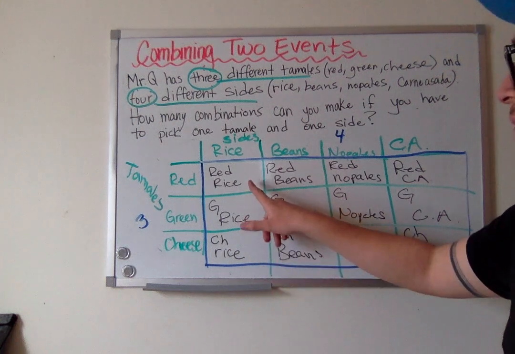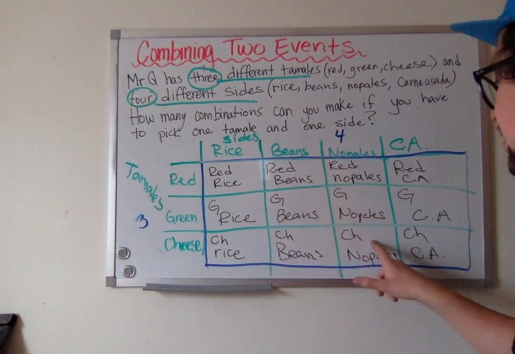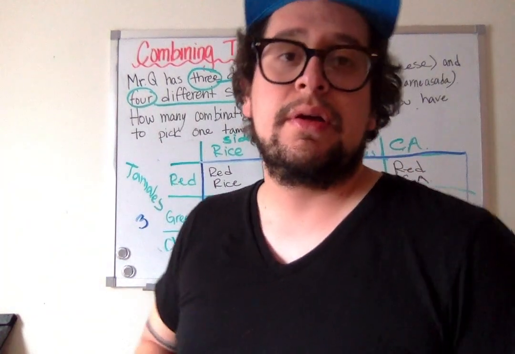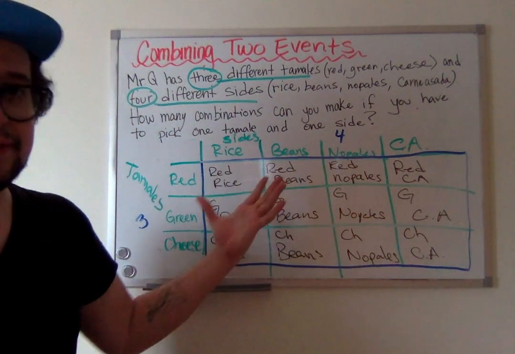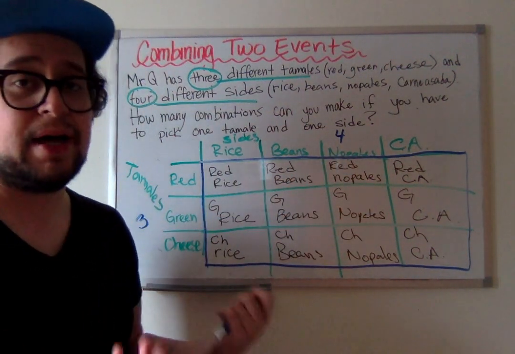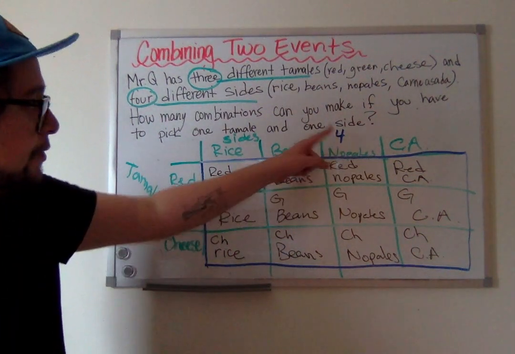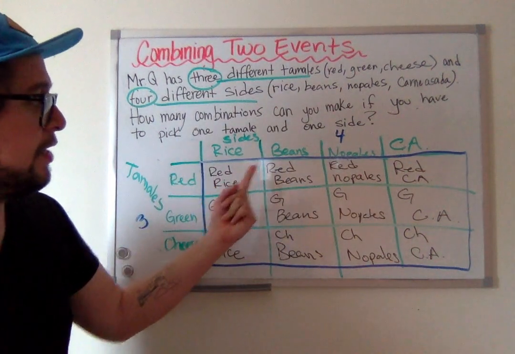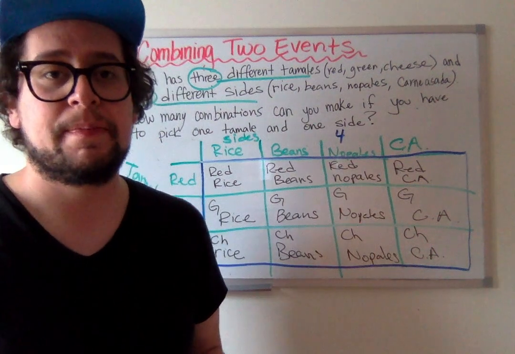If I count it up, 1, 2, 3, 4, 5, 6, 7, 8, 9, 10, 11, 12, well, I got 12 again. So if you find the area of this rectangle, you're going to get your total number of options. Remember, I can just take 3 times 4, gives me my total number of options. If I make my table, I know exactly what my options can be.